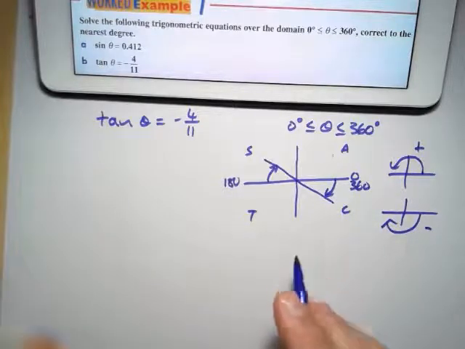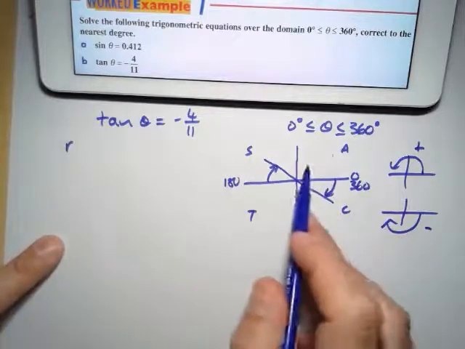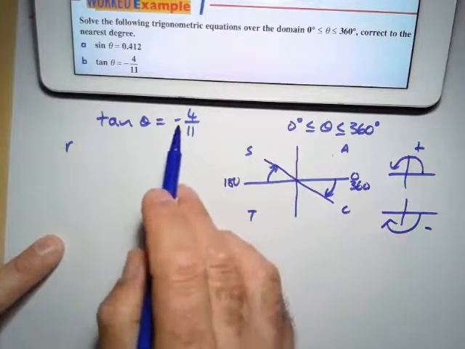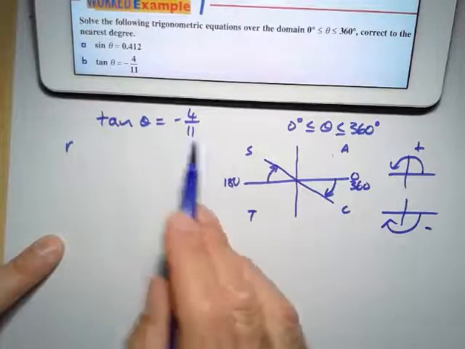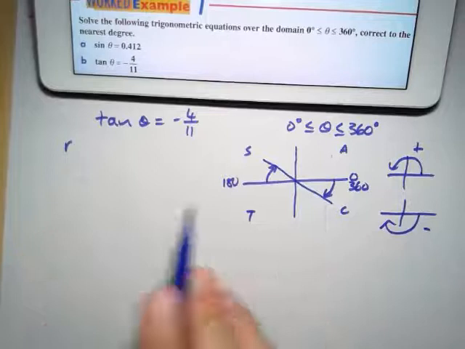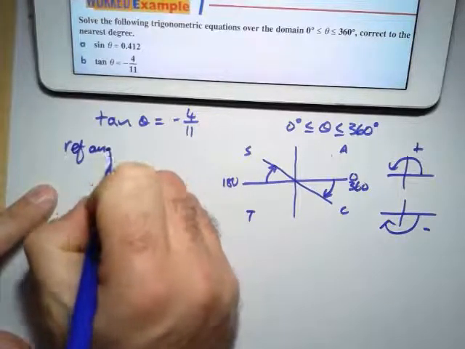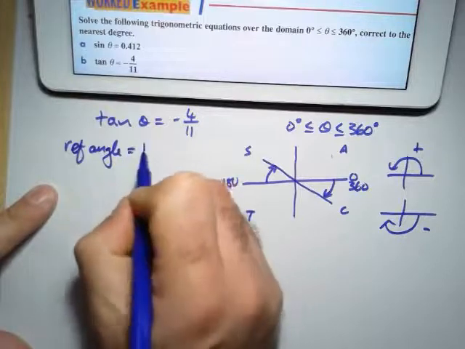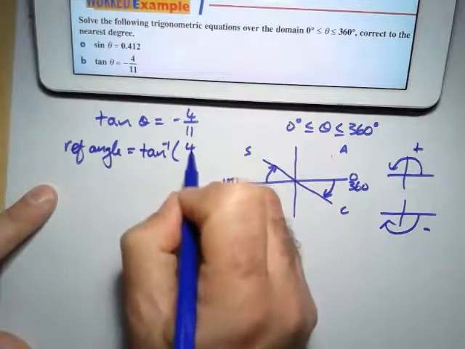But before I get there, I'm first going to find my reference angle. So first step, CAST, determine where it is. This is the only place where the negative is going to have an influence. The negative tells us where to draw the lines, and then we're done with it. When I go now to my reference angle, it's going to be the arctangent of 4/11.